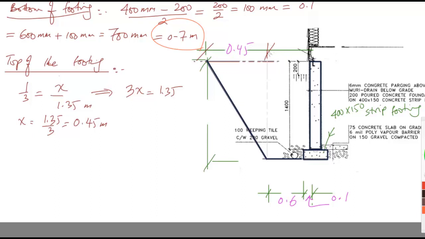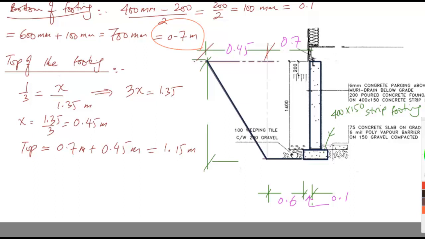And because I know this distance already, being 0.7, the top of the footing will be equal to 0.7 meters plus 0.45 meters, and this will be equal to 1.15 meters.